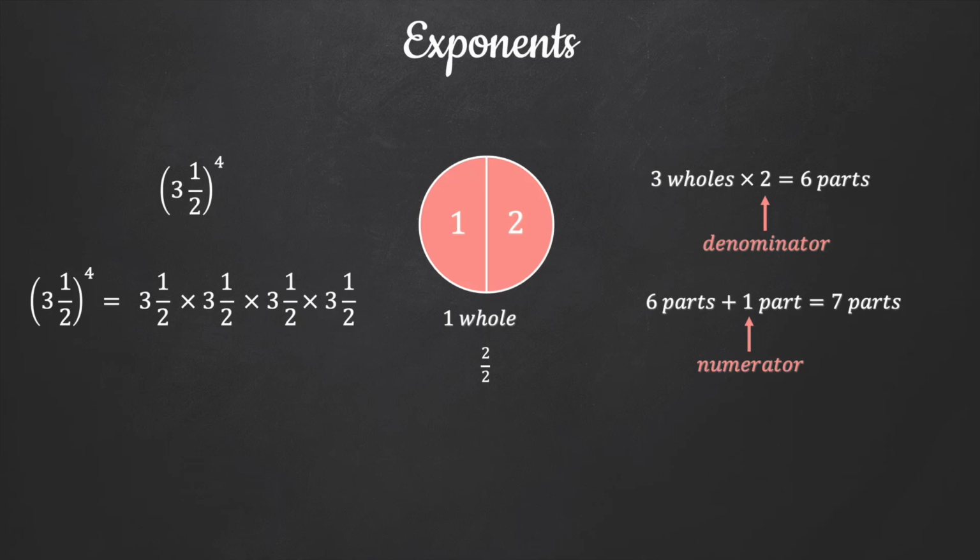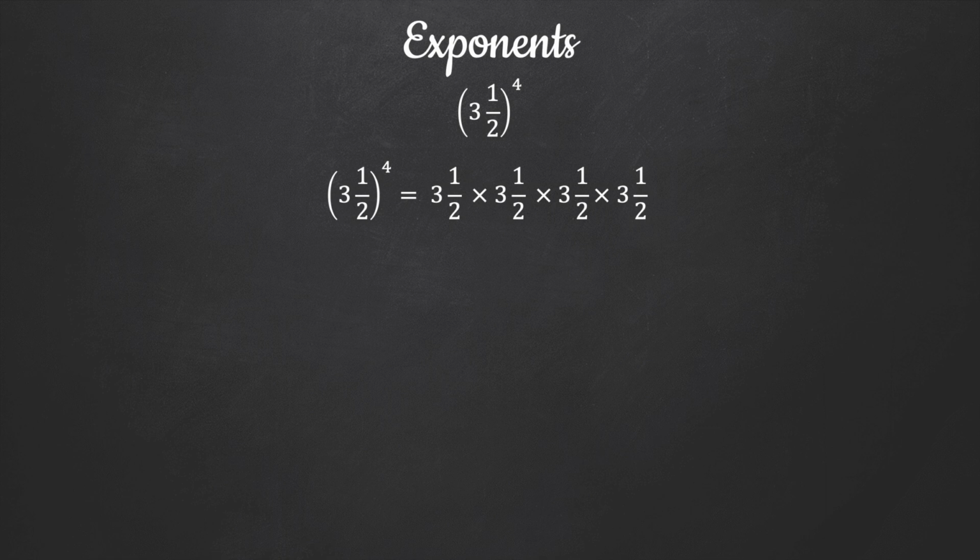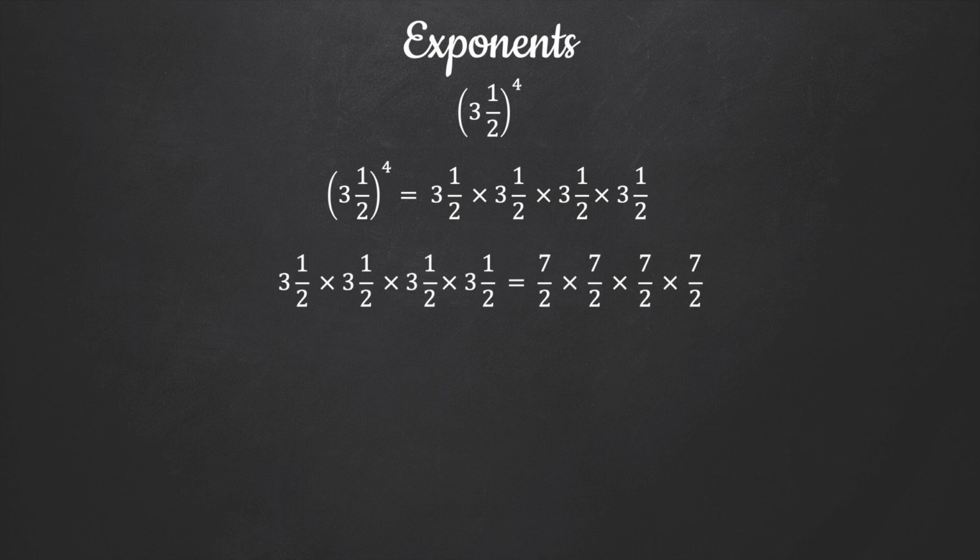And then that means that we have a total of 7 parts shaded in 3.5. So 3.5 is equal to 7 out of 2. So that means that 3.5 times 3.5 times 3.5 times 3.5 is equal to 7 over 2 times 7 over 2 times 7 over 2 times 7 over 2.